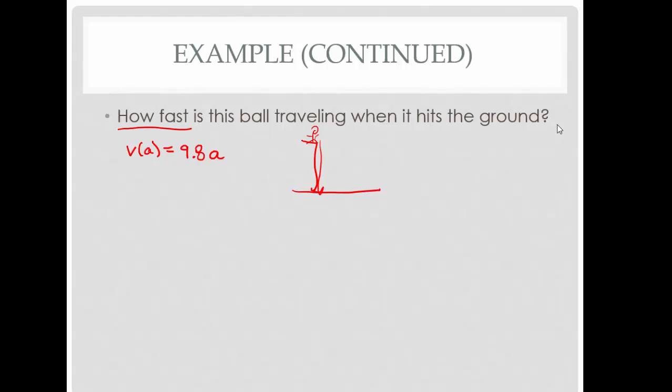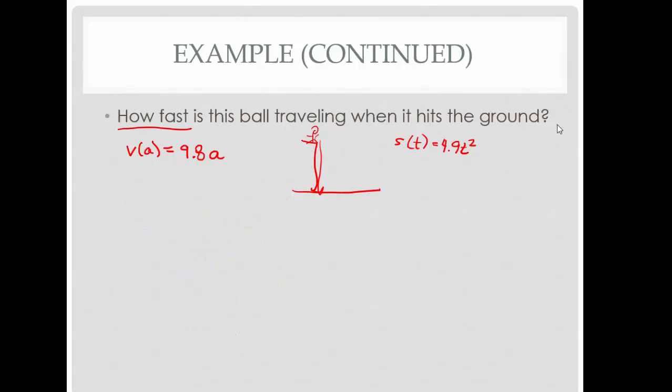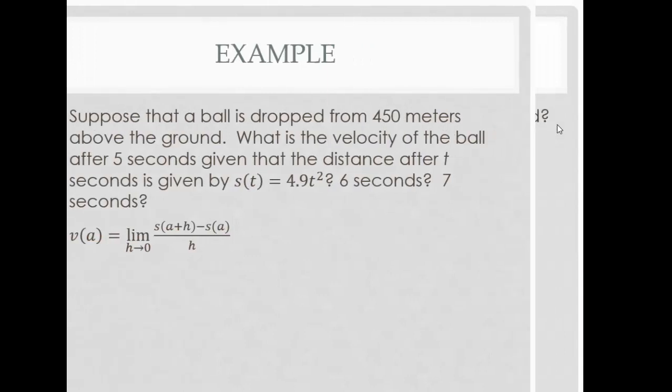So if I can figure out how far it traveled, I can use the function that says s of t equals 4.9 times t squared. How far did this particular ball travel before it hit the ground? Well, if you look back to the problem, it's dropped from a height of 450 meters.